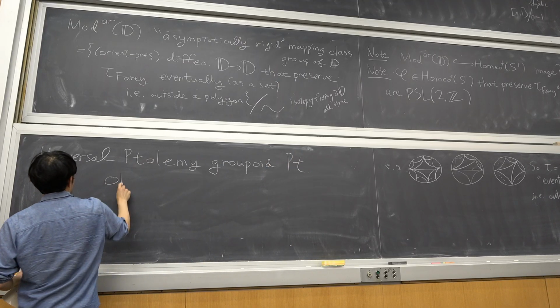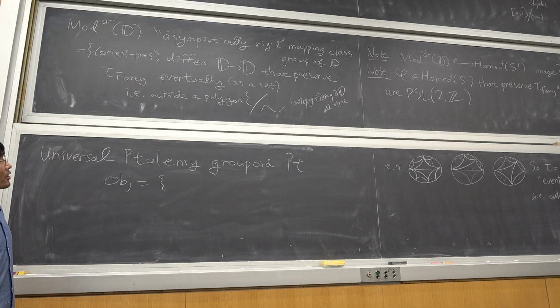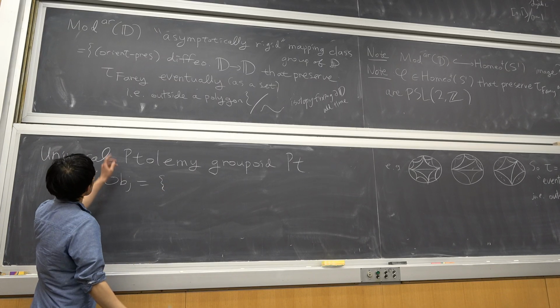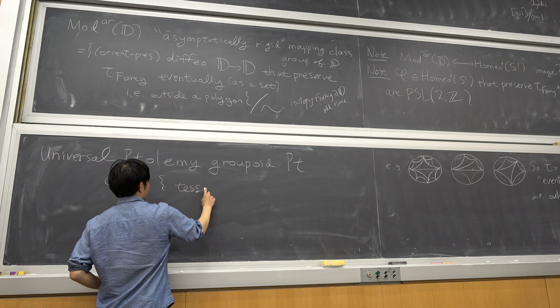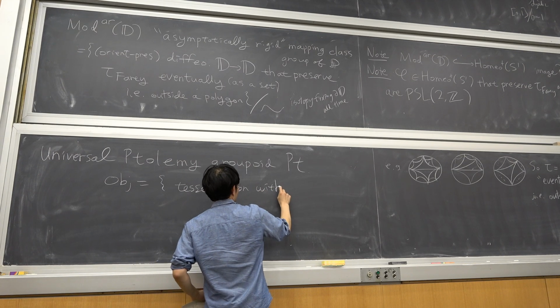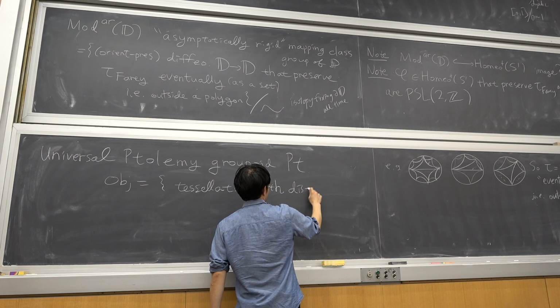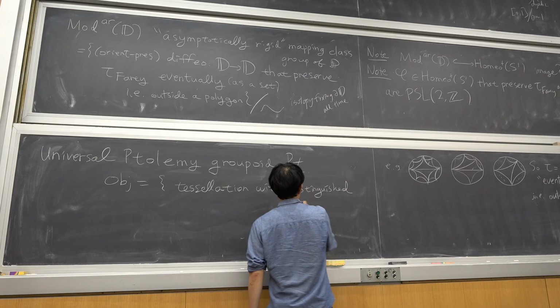So the objects are not just tessellations. I need actually a marking to make the action of this group to be faithful. So tessellation with distinguished oriented edge. It's usually called marking.